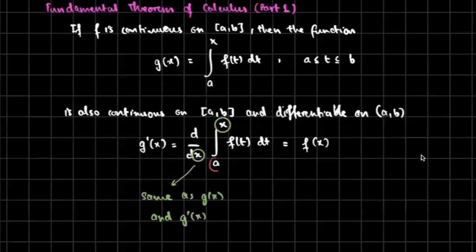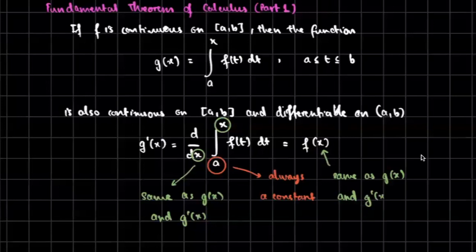The lower limit of integration you have right here always has to be a constant. And again, at the end, your result has to be f of x, where the variable is the same as in g of x and g prime of x.